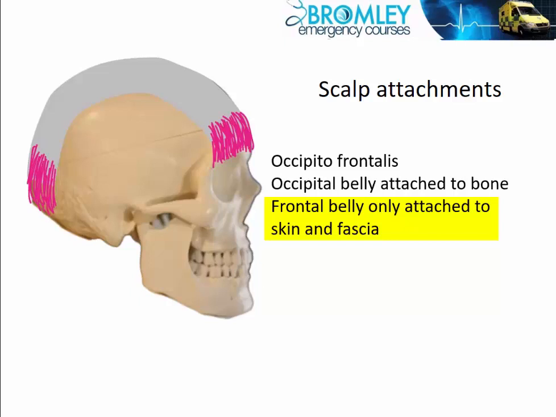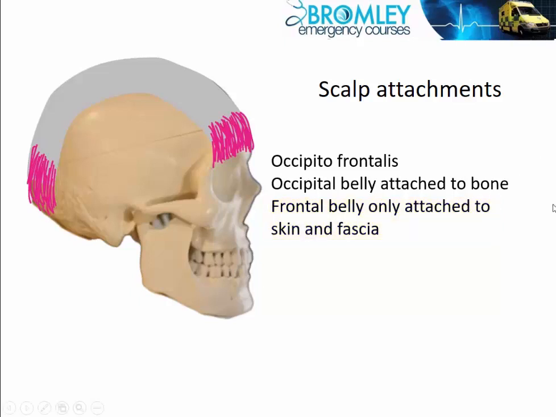But what the frontalis muscle does is it attaches to the skin and the fascia in the face. So as a result of that, when you contract your occipitofrontalis, you pull your whole aponeurosis backwards, you wrinkle your forehead, you lift your eyebrows, etc. So it's part of facial expression.